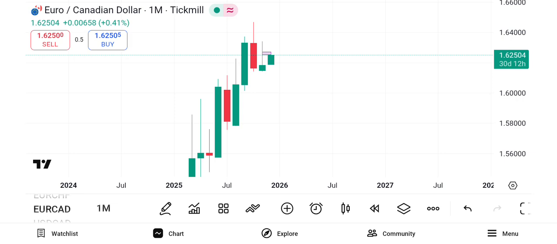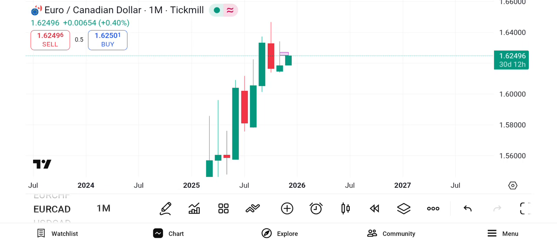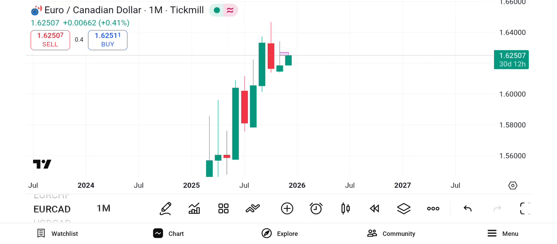They overcame the bullish traders. So this shows us that we might be looking for a sell this coming month. We might be looking for a bearish movement this coming month. So that is what we are expecting, more of a sell this coming month.